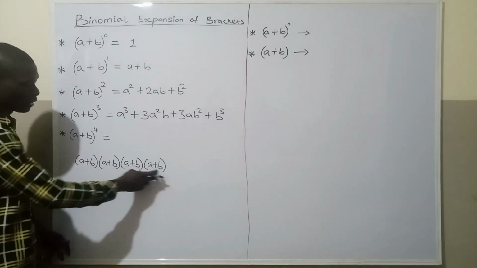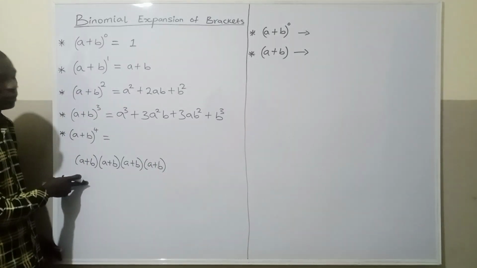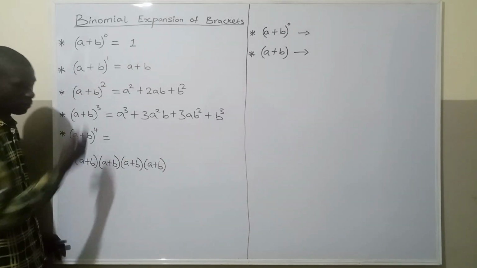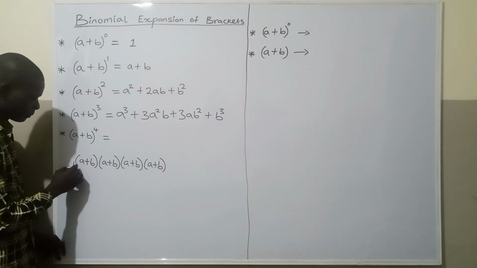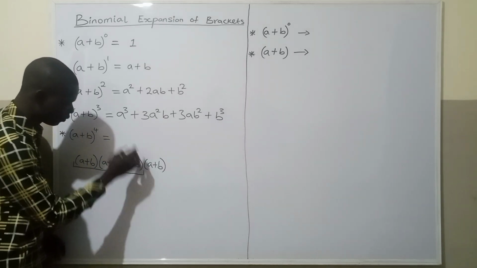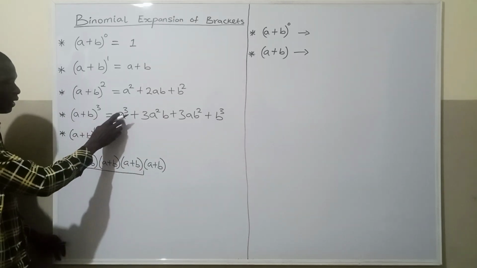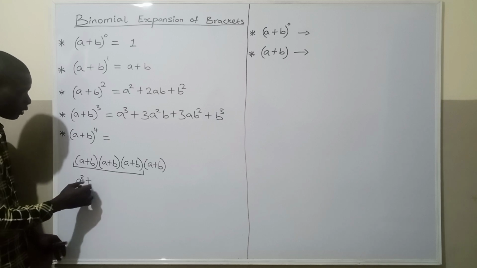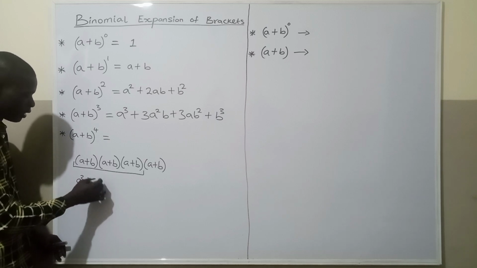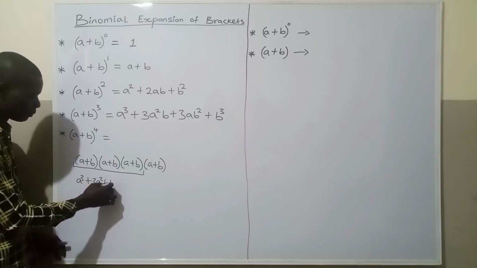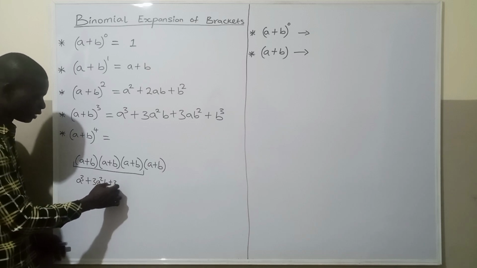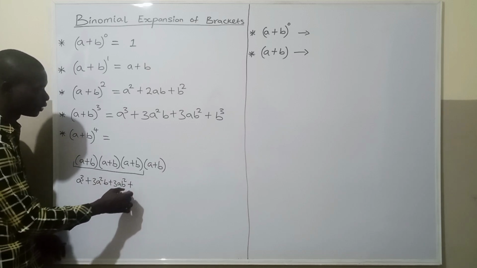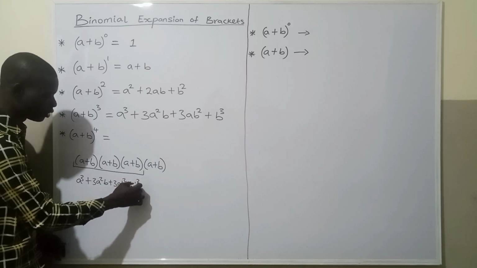So we're going to be multiplying these four brackets together to give us (a + b) raised to power 4. And like we did earlier on, the multiplication of the first three, we already have that handy. And that is a cubed plus 3a squared b plus 3ab squared plus b cubed.